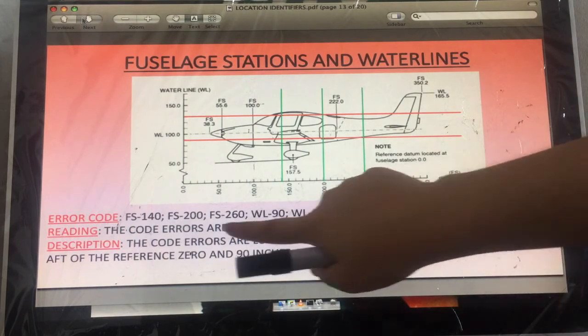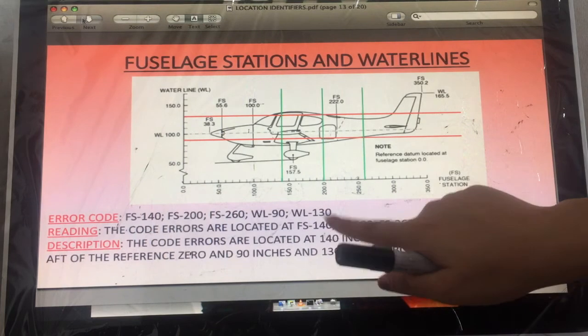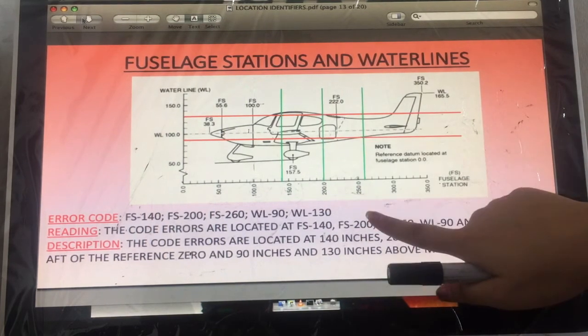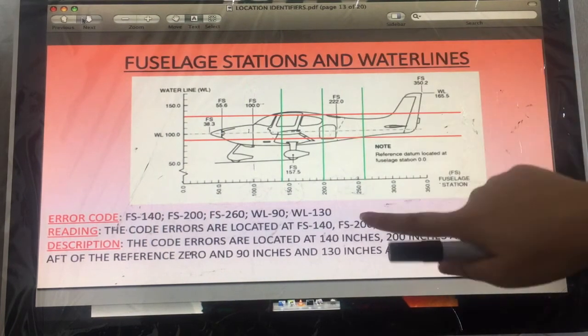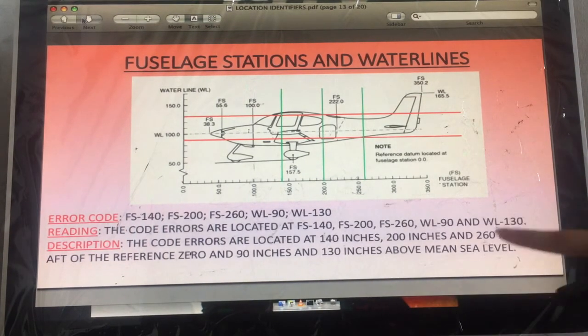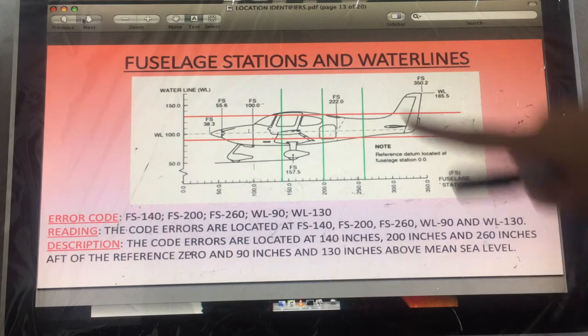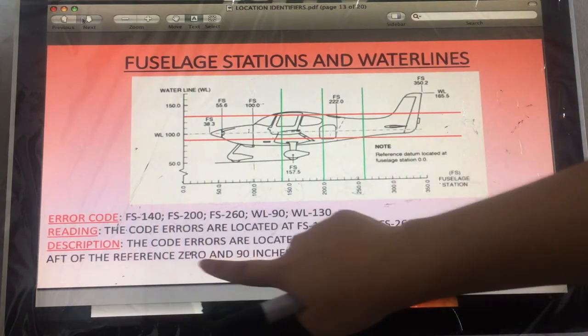So reading, the code errors are located at, tapos ilagay nyo lang lahat ng error code separated by a comma and not a semicolon. Again, for reading, comma, hindi semicolon. And then for the description, of course, indicate first those that are in the fuselage stations. So, unahin yung mga nasa aft of the reference 0.